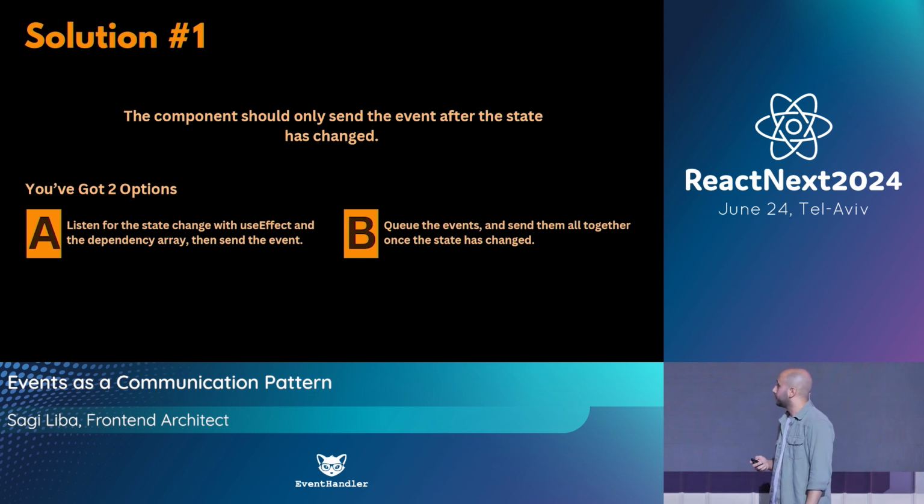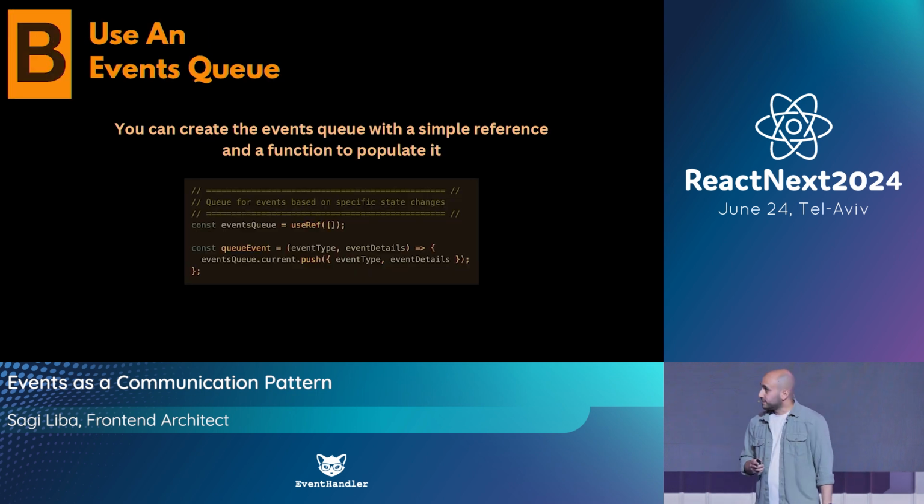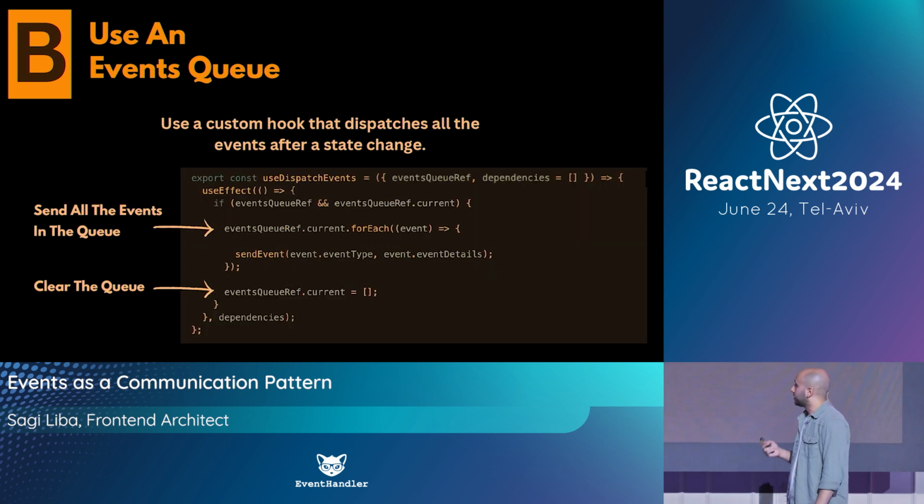Let's cover option B. As you can see here, I've got a simple events queue created with a reference, and I'm creating a function called queueEvent to populate the queue with the new events. I'm making sure to pass the relevant event ID or type and the event details, which is the event's payload. Now, I'm creating a custom hook, which is quite simple, again, using the useDispatchEvents.